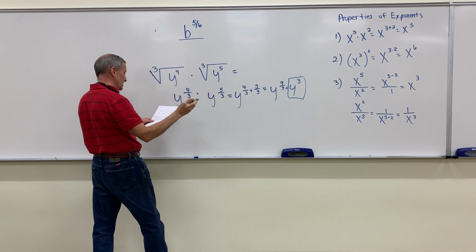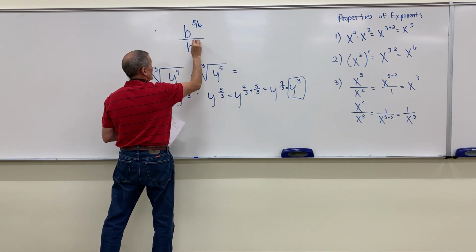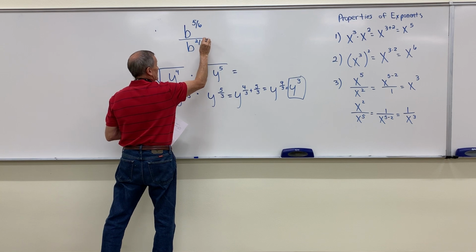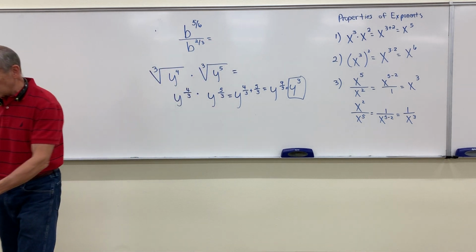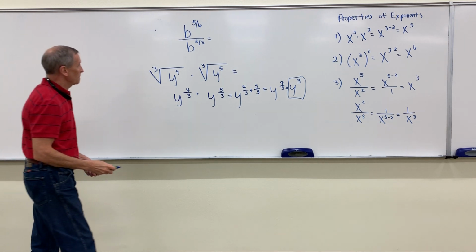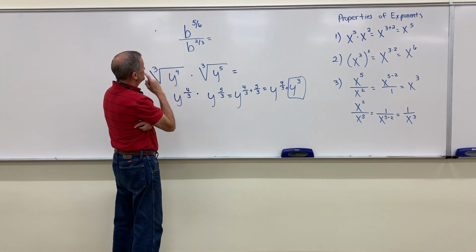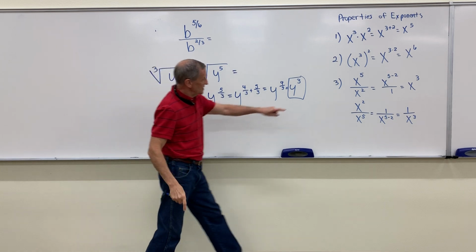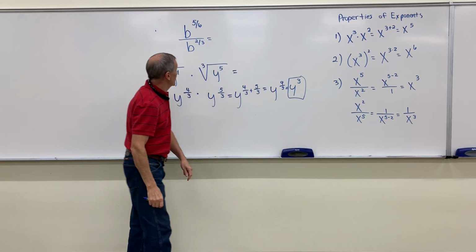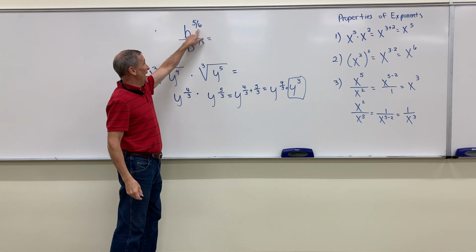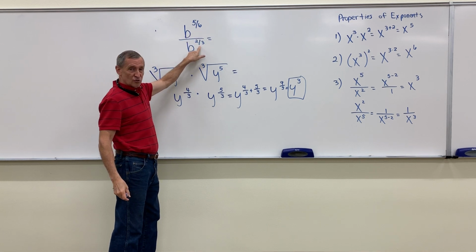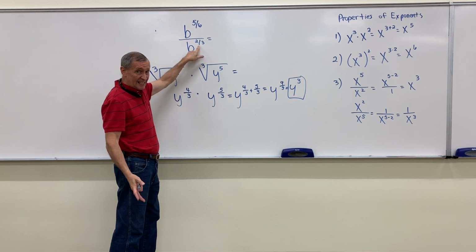B to the 5/6 over b to the 2 thirds. Again, I'm simply asked to simplify the expression. It doesn't take me long with my calculator to figure out that 5/6 is larger than 2 thirds if I put them into decimal form.